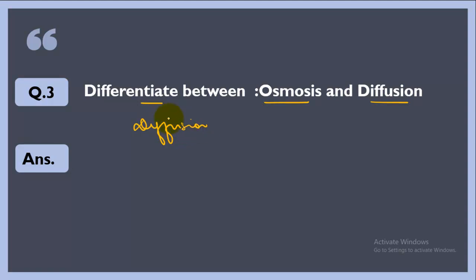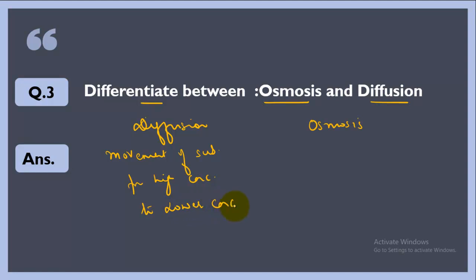Diffusion is the movement of substance from the region of higher concentration to lower concentration. And osmosis is also a movement, but not of any substance. In diffusion, it can be a movement of solid, liquid or gas.